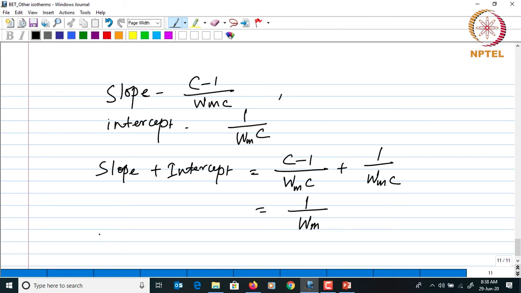Therefore, Wm is simply the reciprocal of slope plus intercept.